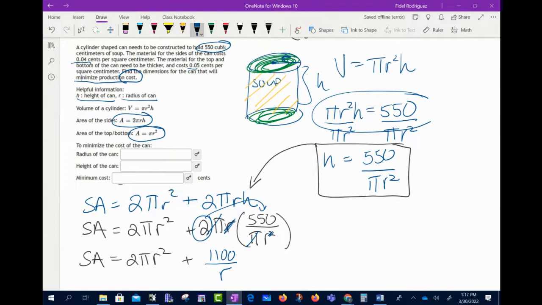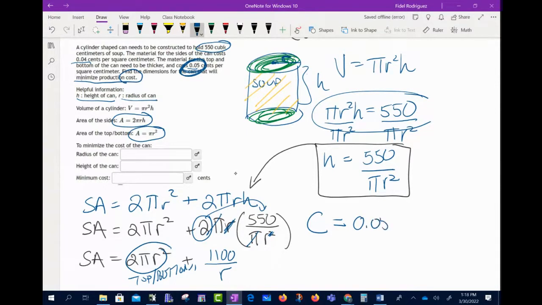What I want to do now is find an equation for how much this is going to cost me. So look, I'm going to call the function C now. Remember, this was the top and the bottom. For the top and the bottom, it costs me 0.05 cents, right?